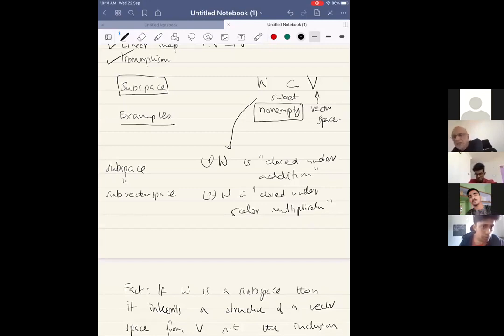Exactly. So the zero vector of V belongs to W, because we know, first of all, that W is non-empty. This is the point that I had missed earlier, and somebody pointed it out in a mail to me. Thanks for that. If it is non-empty, then I can take any vector that belongs to W and multiply it by the scalar 0. Since W is closed under scalar multiplication, that belongs to W. On the other hand, the vector that I get is the zero vector of V. Therefore, the zero vector of V belongs to W. So at least there is a candidate for the zero vector in W.